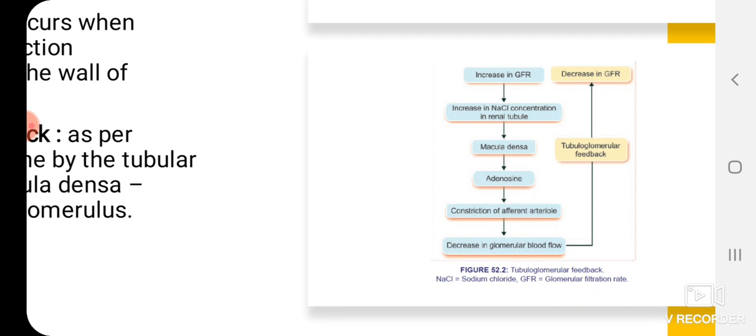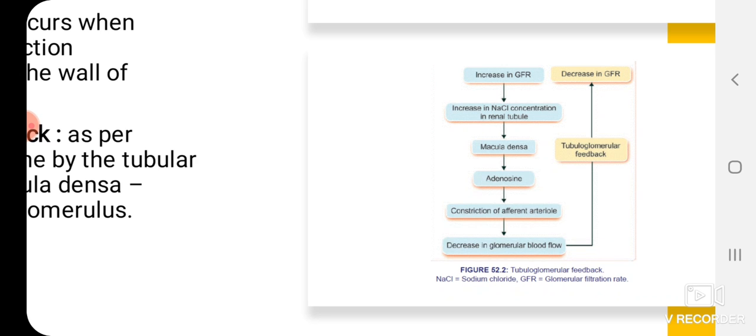If the release of this is inhibited, the afferent arteriole will contract. How does it contract? Because nitric oxide mainly performs vasodilation. So if the nitric oxide is inhibited, automatically the contraction of the afferent arteriole is done.